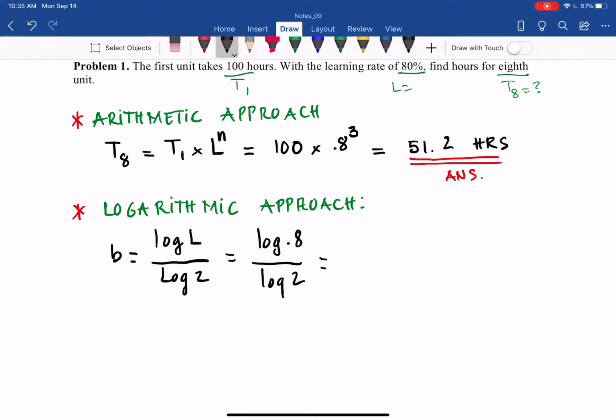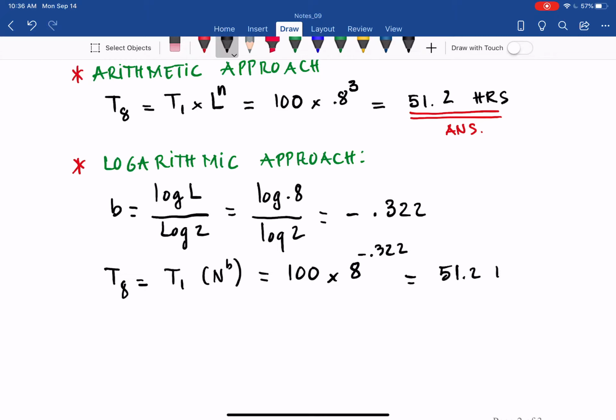With your calculator, it will be negative 0.322. And then from that, we can get T8 with the equation T1 times n to the power b. Plug in 100 hours times n, which is 8, the 8th unit, to the power of negative 0.322, and with that we get the answer of about 51.2 hours.